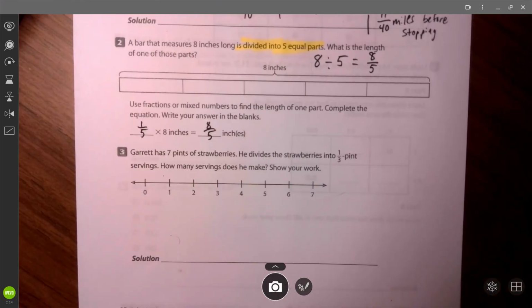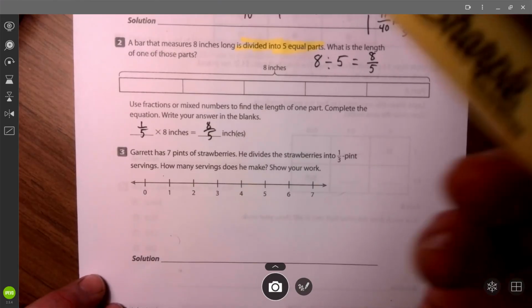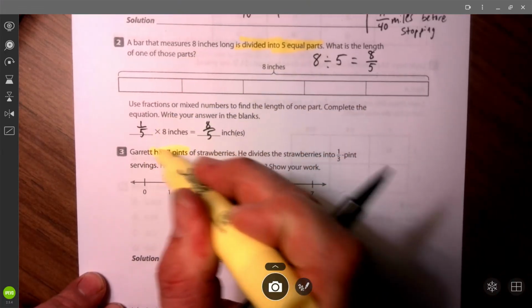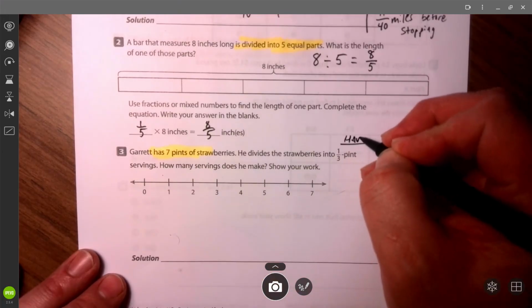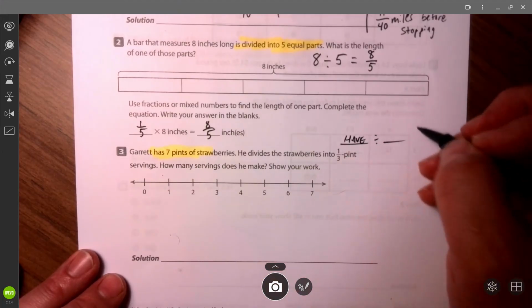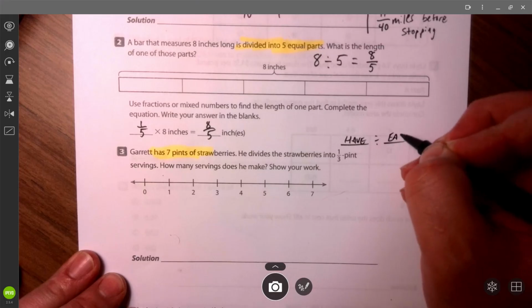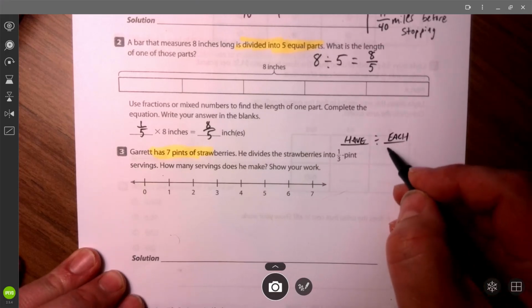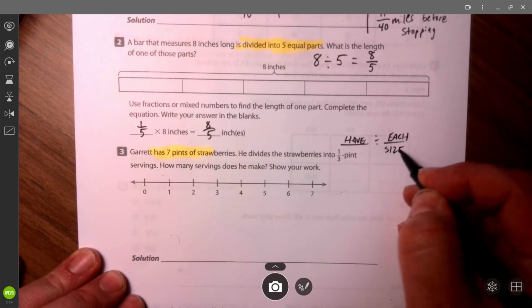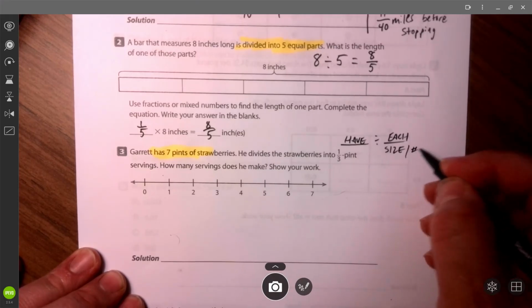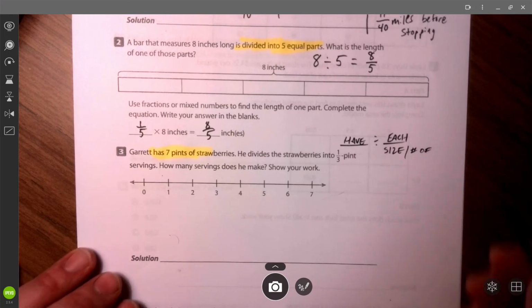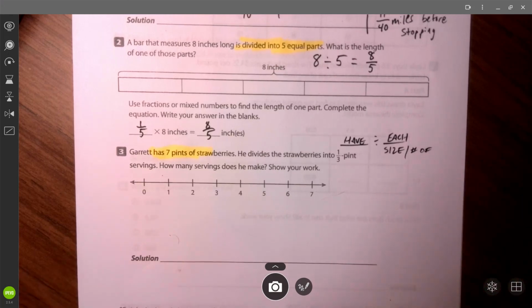Garrett has 7 pints of strawberries. He divides them. Remember, division is always what you have divided by that each. And remember, the each is either the size of the group or the number of people you're sharing to.